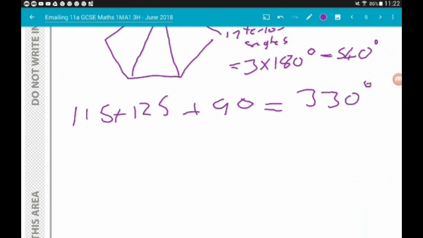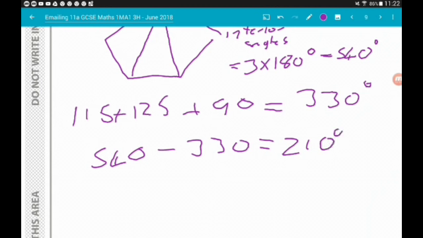Now, if we take that off of 540, we're going to get what's left for these other 2 angles. So 540 minus 330 is 210. So we know these other 2 angles, x and 2x, have to add up to 210.